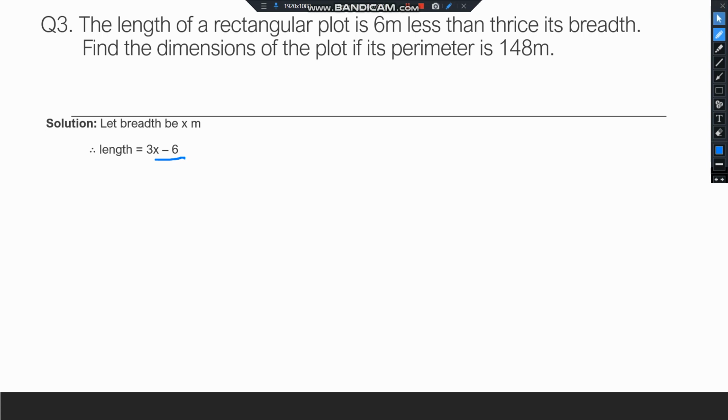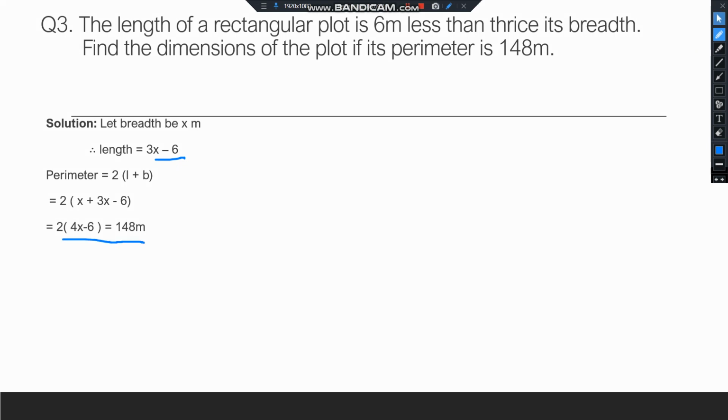Now perimeter, you know the formula for perimeter. Perimeter is twice L plus B. So twice L plus B, we put the values of L and B here. x is the breadth and 3x minus 6 is the length. So if we simplify this, we get 2 into 4x minus 6 is equal to 148.